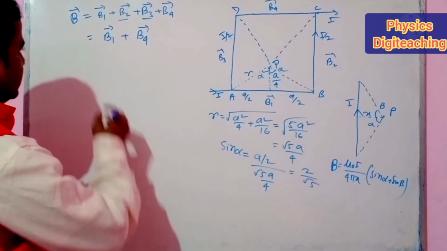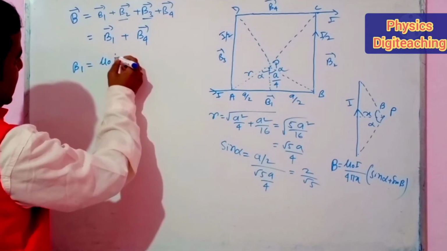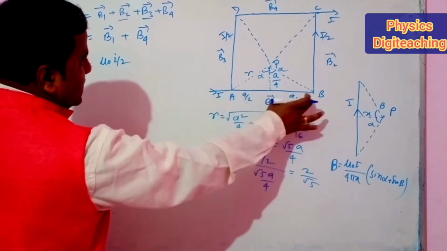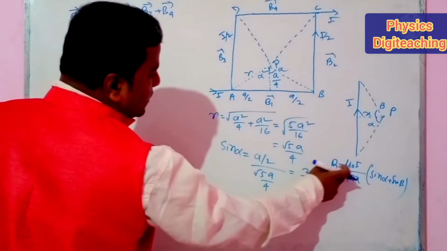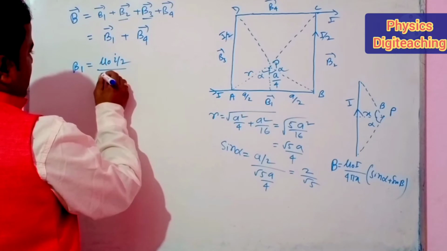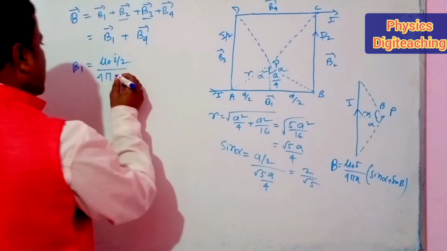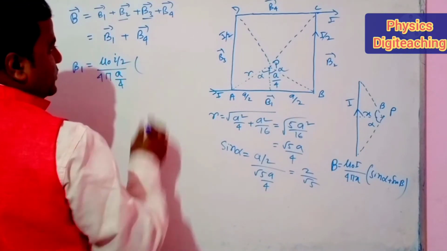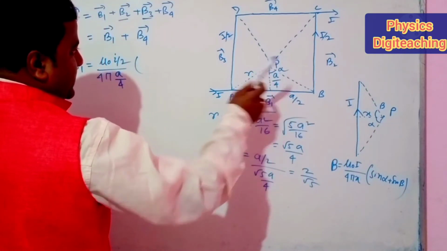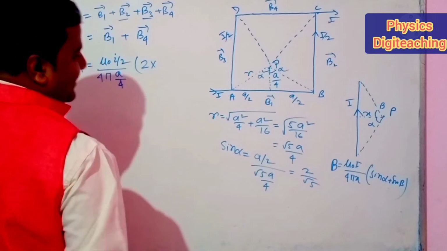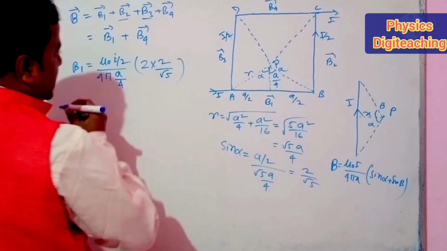Hence we get B1 equal to mu naught, with current I by 2, upon 4 pi x. X is the distance, here the distance is a by 4. Now sin alpha plus sin beta, here the two angles are the same, therefore we can write 2 into sin alpha, and this sin alpha equals 2 upon root 5.